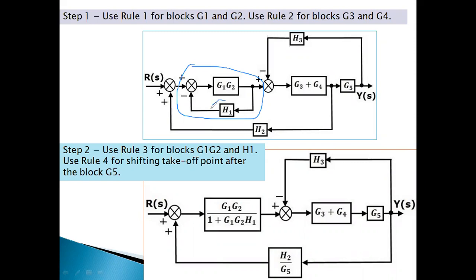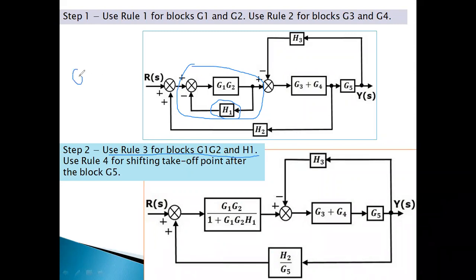So we can eliminate feedback H1. Write down here, eliminating feedback H1. Okay, so we can reduce. So eliminating this is using rule 3, the block G1, G2 and H1. Rule 3 means eliminating feedback H1.